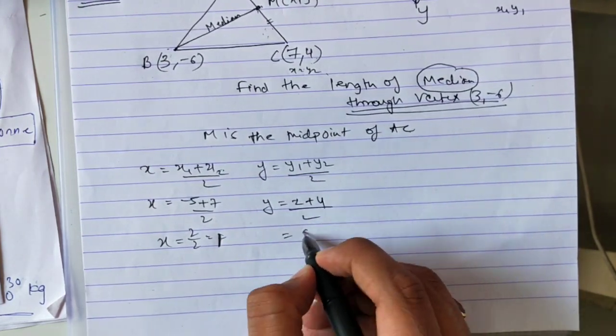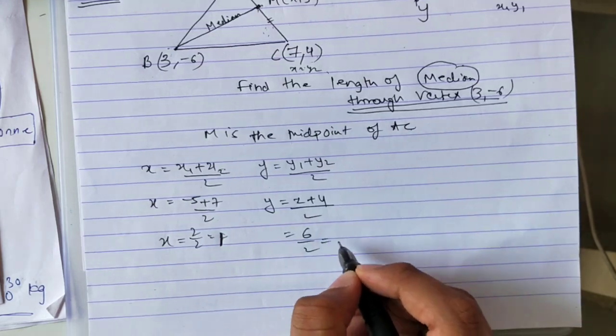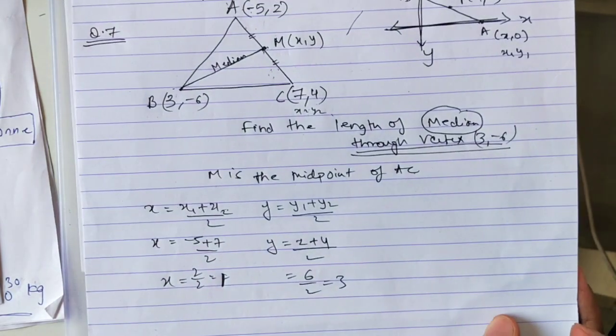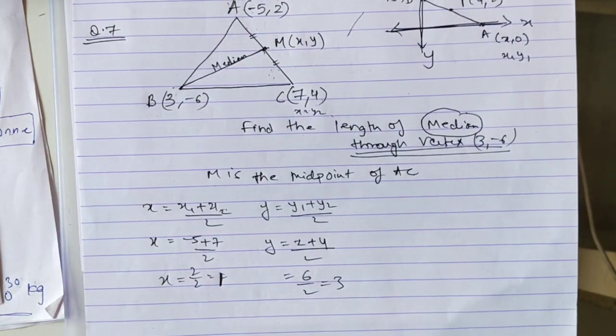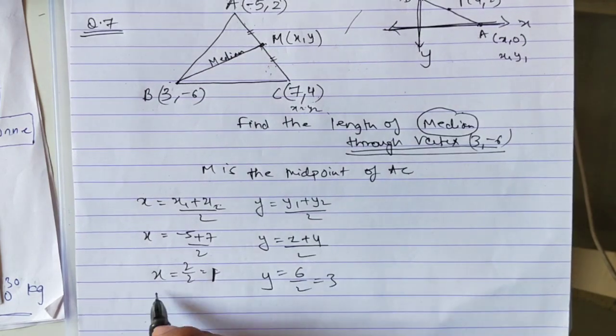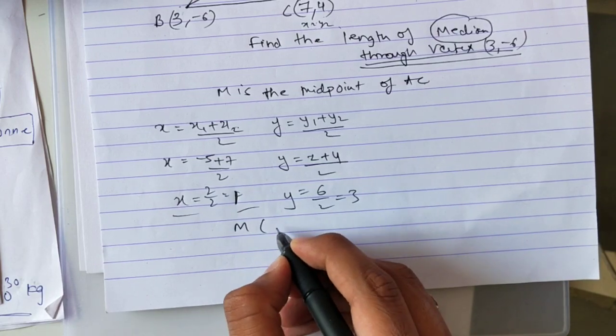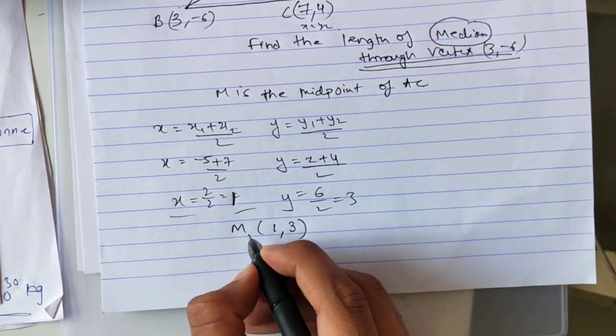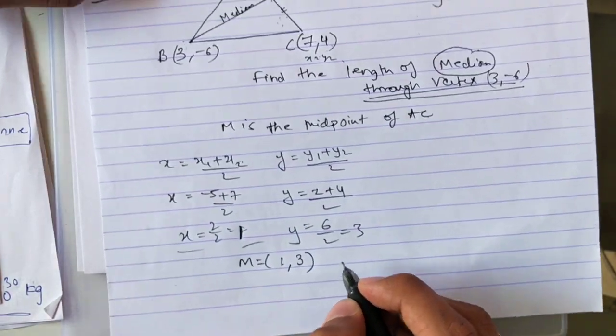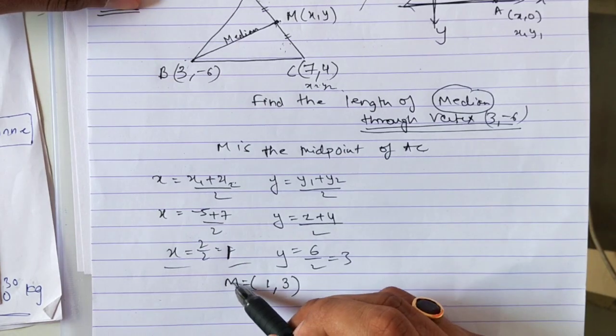So 2 plus 4 is 6, upon 2, that is 3. Okay. Now I have the value of x and y. That means the coordinate of M is (1, 3).